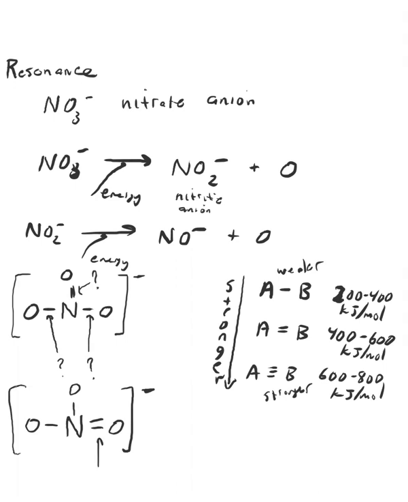Right? That's a double bond there. And then the other ones are single, right? So single, single, double. What we would expect is that if the Lewis structure of this nitrate ion had a double bond and a couple of single bonds, one of those bonds should be stronger than the other two, right? That follows from this discussion here. The more bonds between two atoms, the stronger the bonds are.